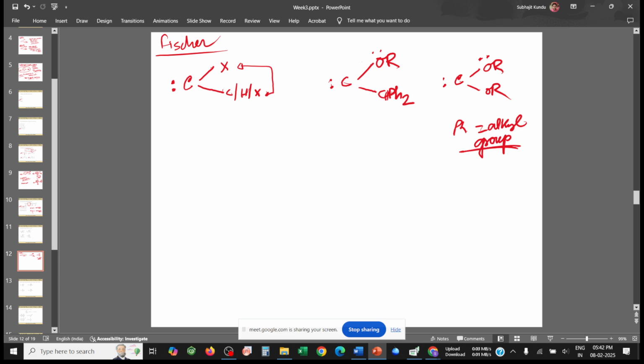Because of that they will have a net positive charge over the carbon atom.